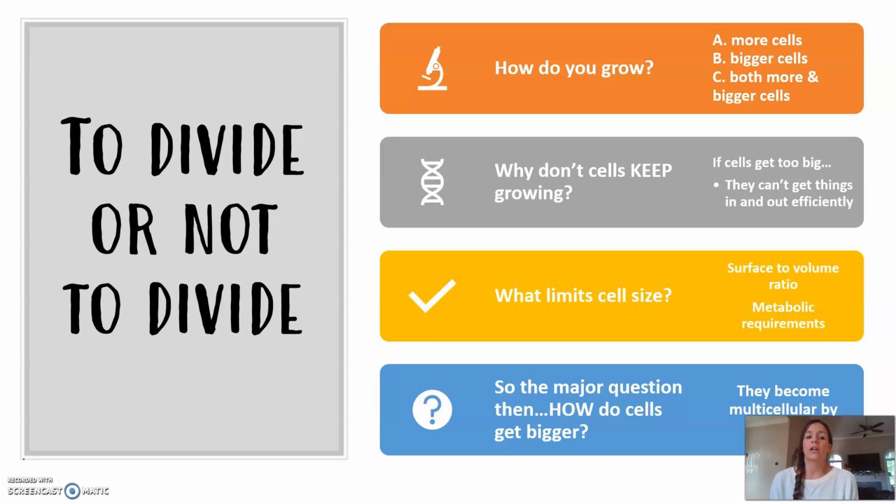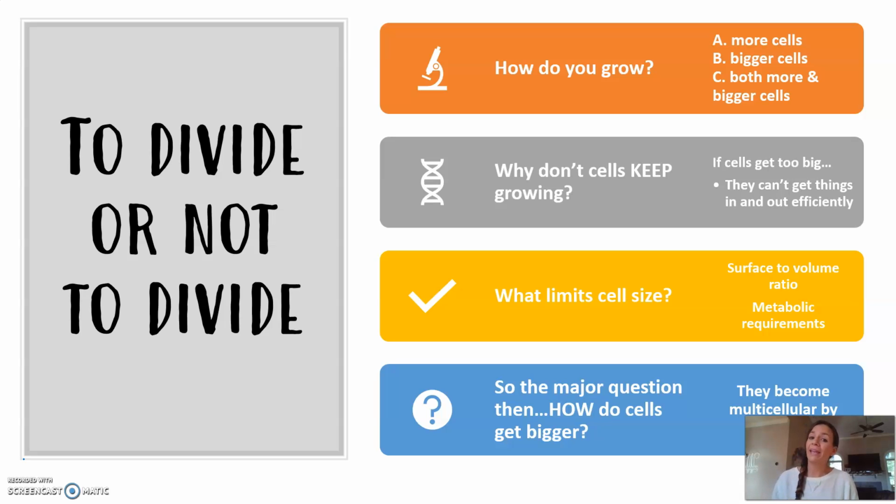So we're going to first start by talking about just cells in general. So should they divide or do they not divide? And how do you grow? Well, as you're developing, even way back to when you were just a zygote, you grow by both more cells and bigger cells. But cells don't just keep growing infinitely.